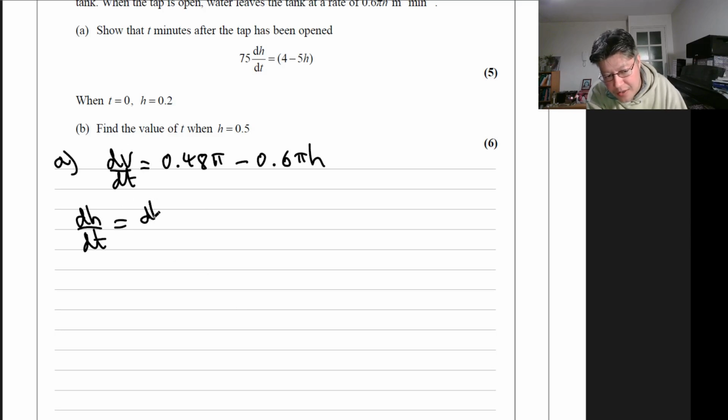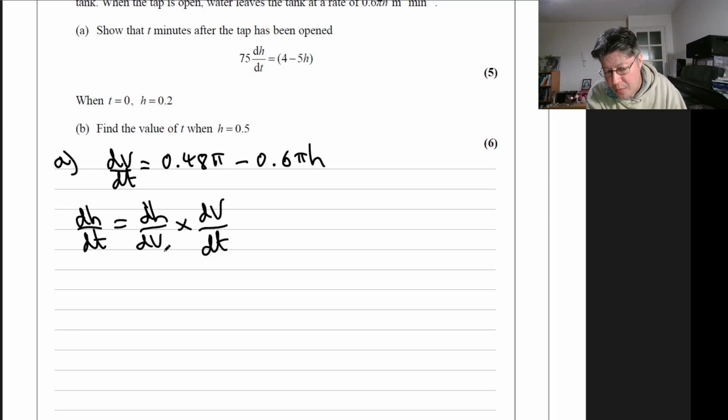So we get dh/dV times dV/dt. That's one on the top, one on the bottom. So that's the chain rule. And we just have to fill out these two. So dV/dt, we've already worked that out. That was given. So we just have to work out dh/dV.